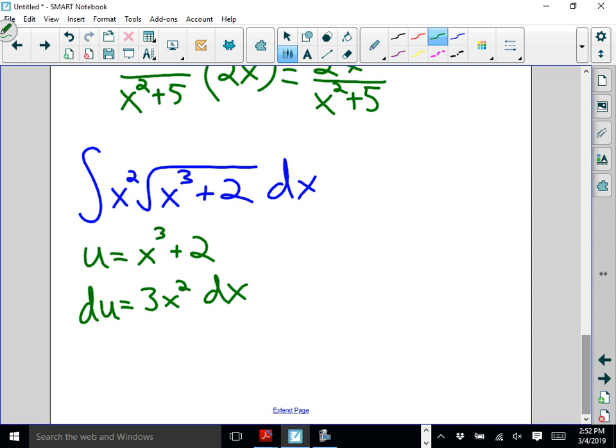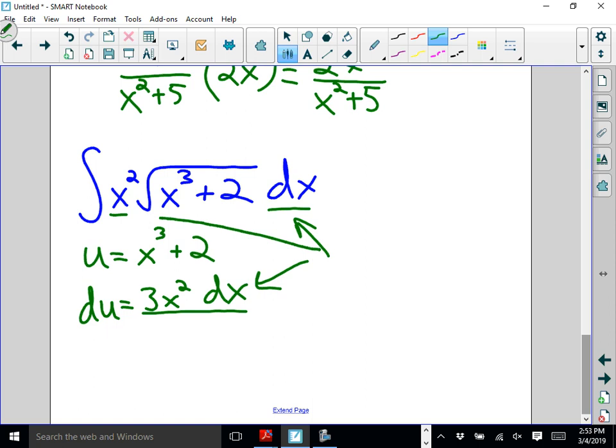Now when I look, what I have in my equation is x squared dx, but my du has 3x squared dx. I want it to say something equals x squared dx. I want to make this thing match what's in the problem.